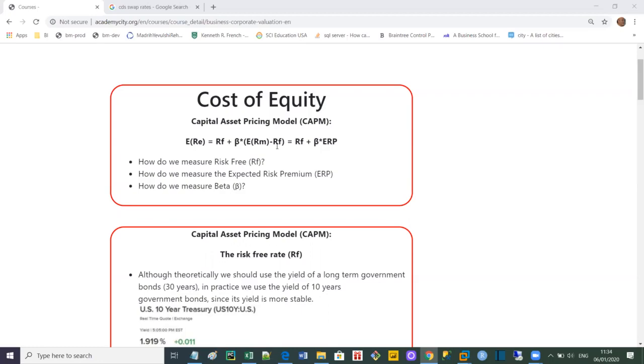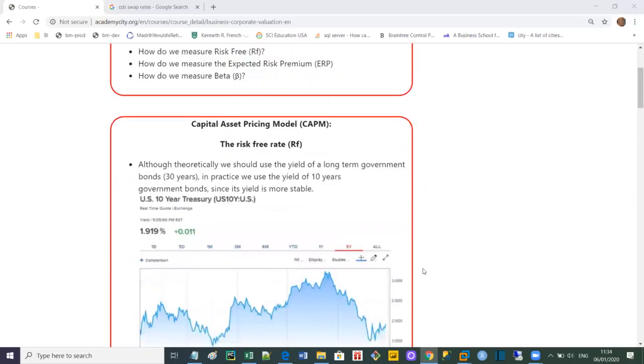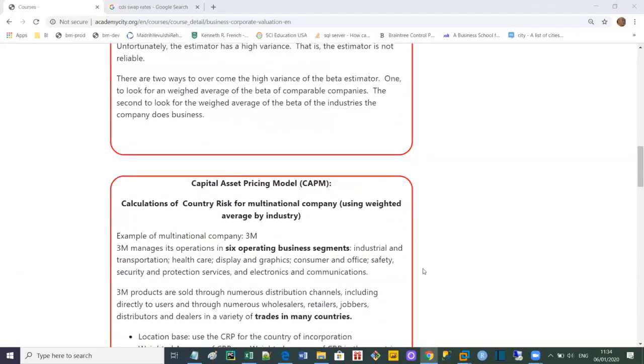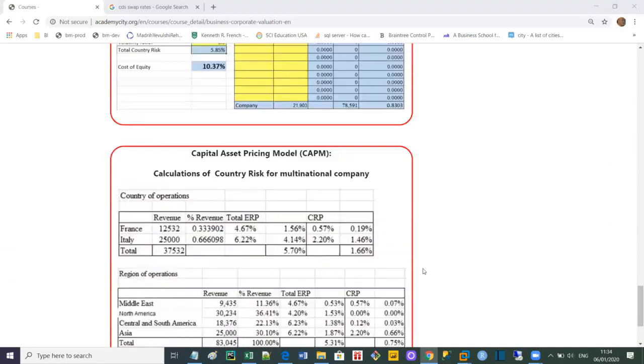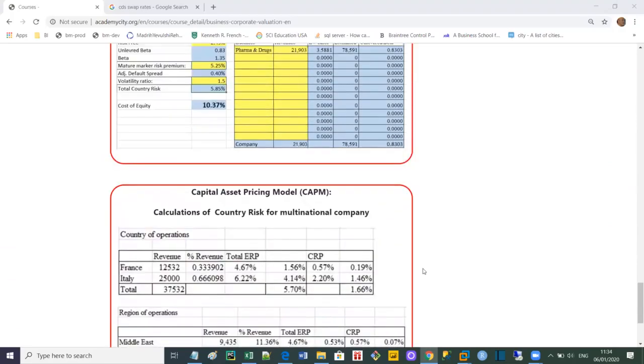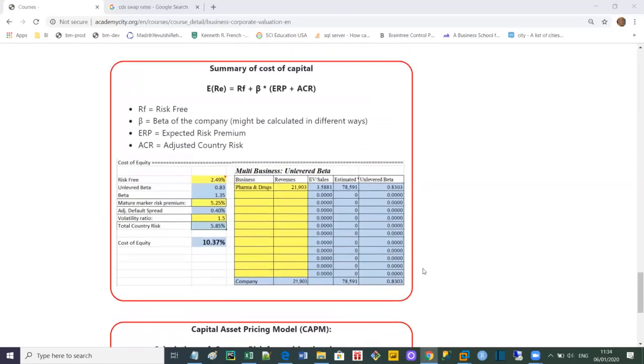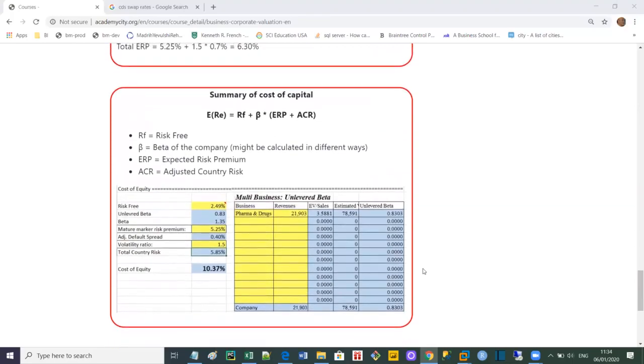I will jump to the very end, so we can see where we're heading, and then I will start in an organized way. The bottom line, we want to arrive at how we implement it for a multinational company, using the Excel I provided you to do the valuation.